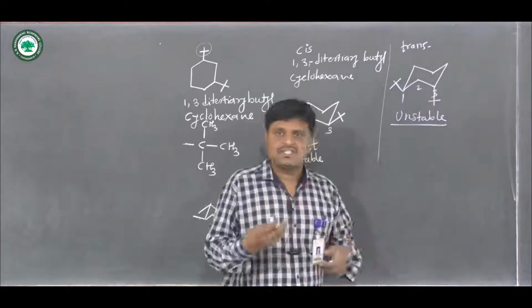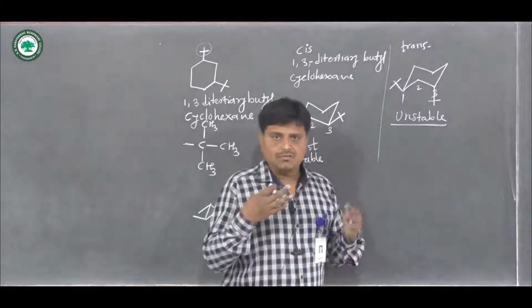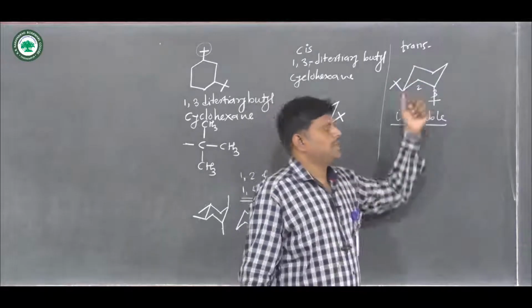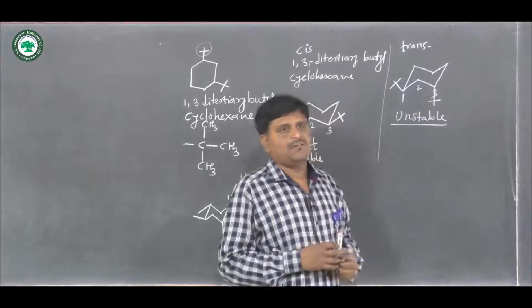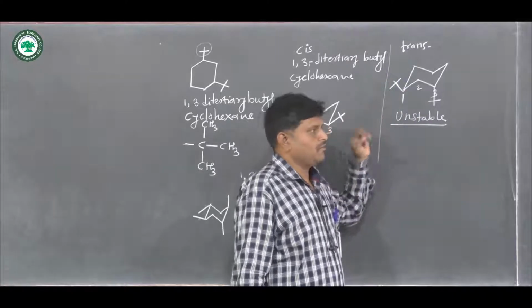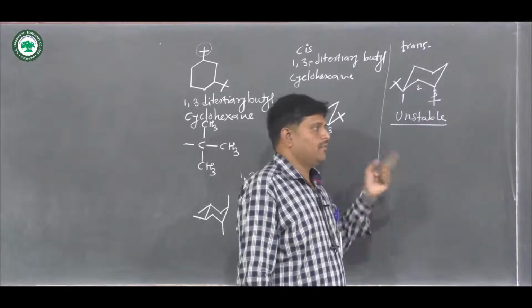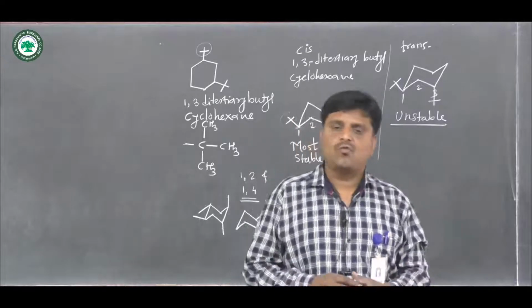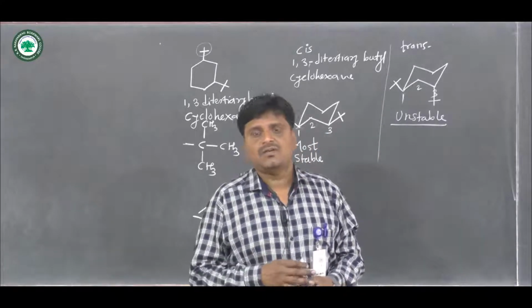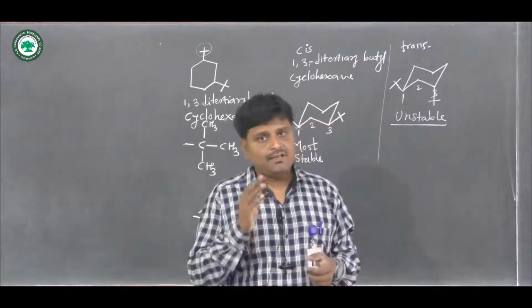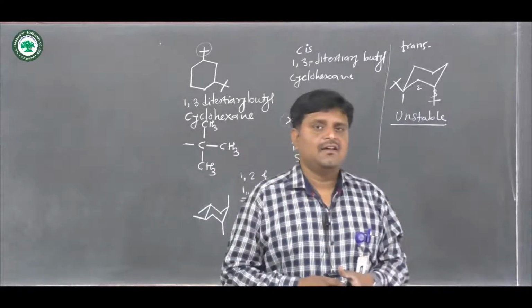It can change its shape into a different one, which is present between chair conformation and boat conformation. If we compare chair and boat conformation, the boat conformation is somewhat energetic and somewhat unstable compared to the chair conformation when there is no substituent on that ring.